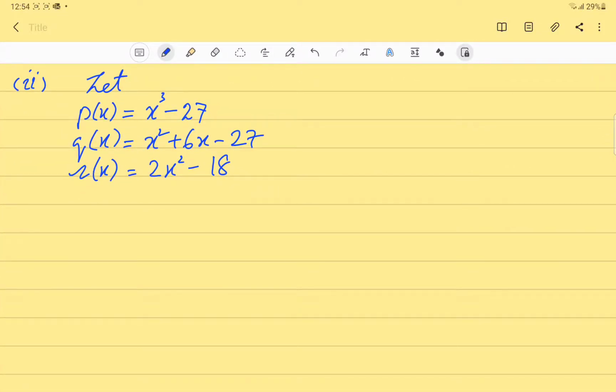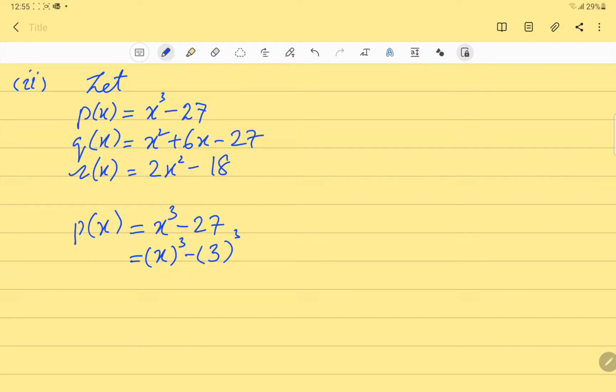Okay, now we will take our first expression, which is px is equal to x cube minus 27. It is very obvious in this expression that both the terms are cubes, like x cubed, and the second one is 3 cubed. So we can write them like x raised to power 3 and 3 raised to power 3.